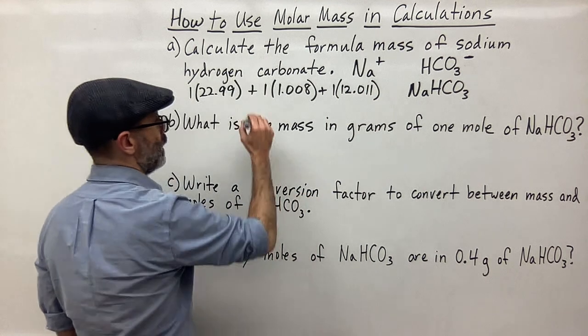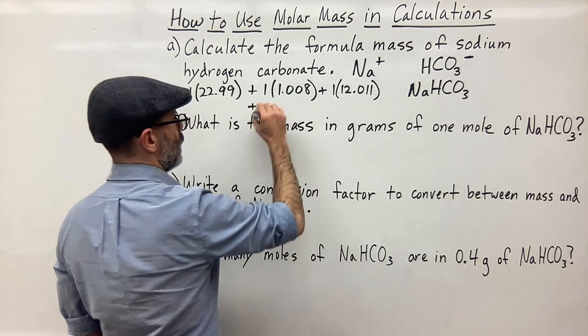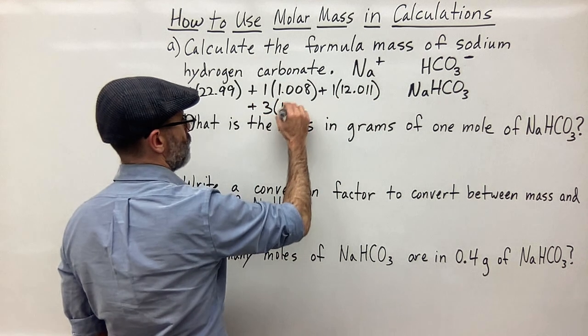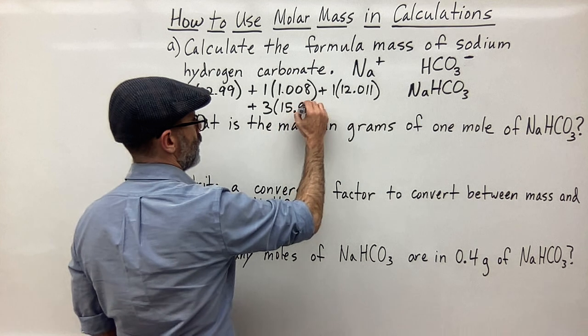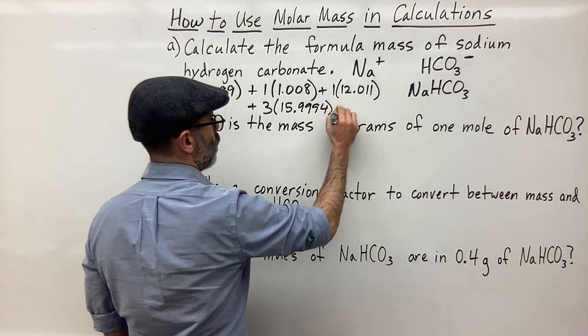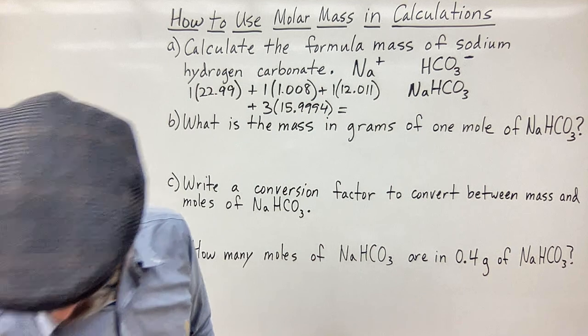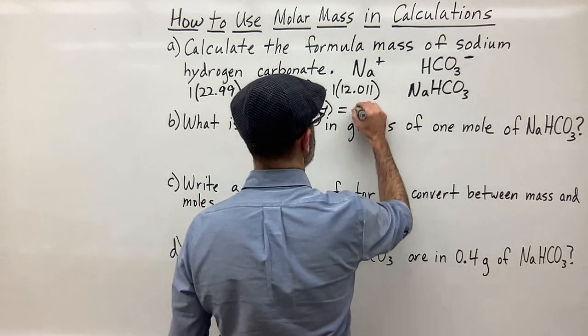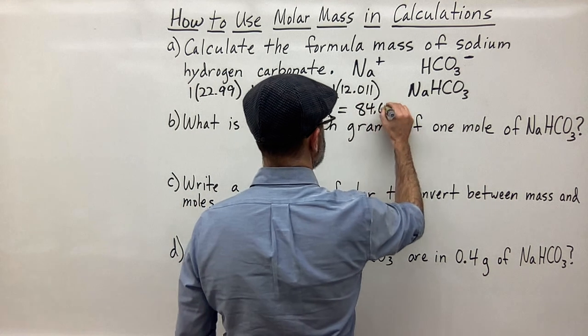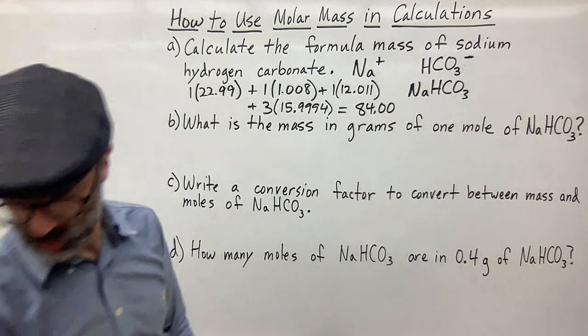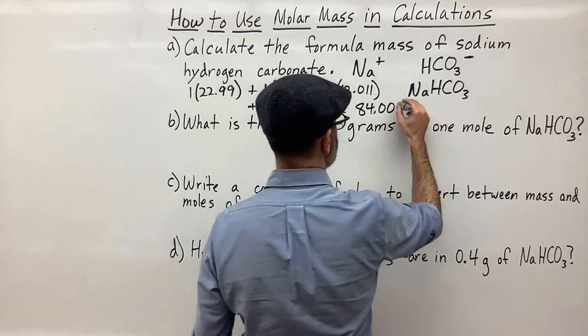And then we'll add to that 3 oxygens, so 3 multiplied by 15.9994. When we add all that together, you get 84.0072.